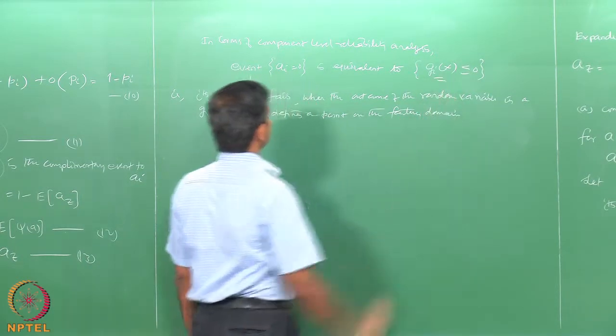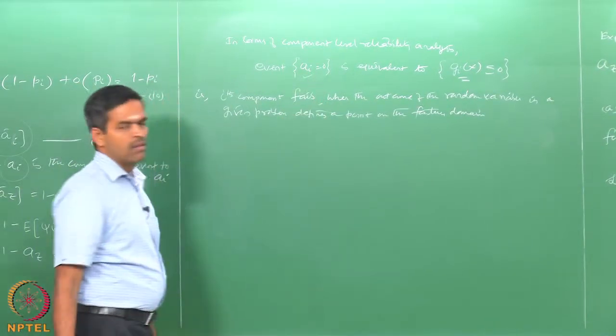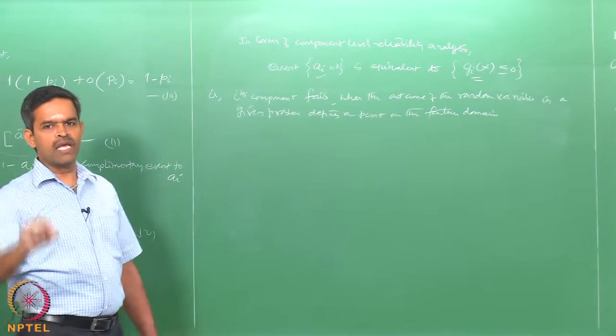Okay, that is what it means. So, the ith component fails when the outcome of the whole random variable is lying in the failure domain.